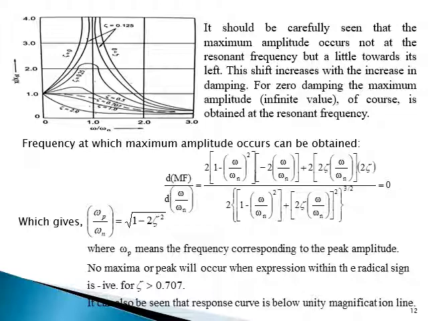That gives us a zeta value of 0.707. Below 0.707 there will not be any peak, and above it there will be peaks of amplitude. Now we have understood forced vibration. Thank you very much.